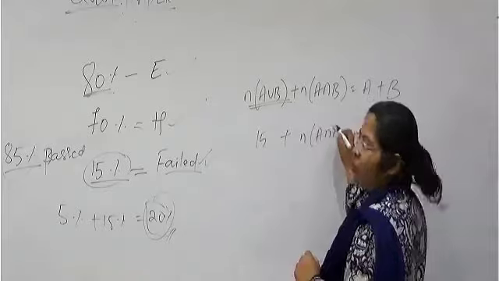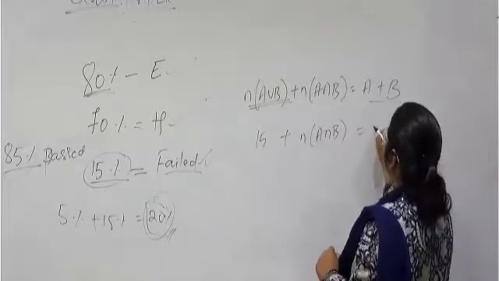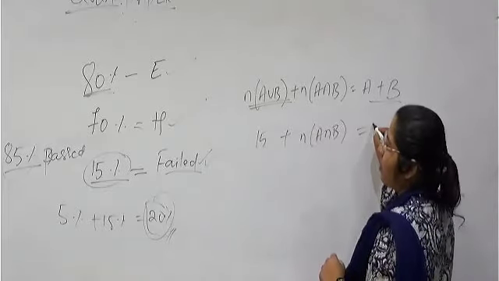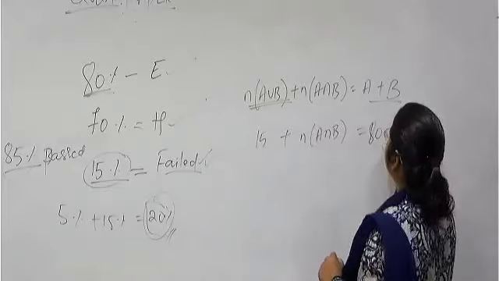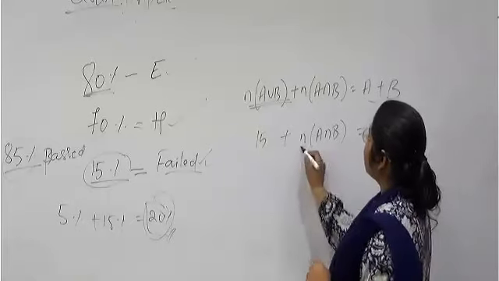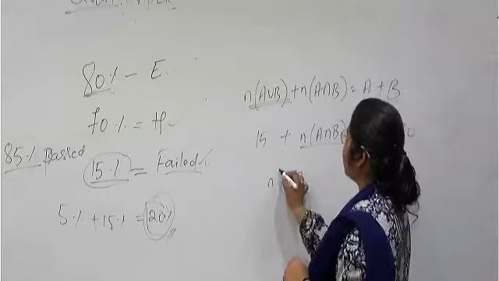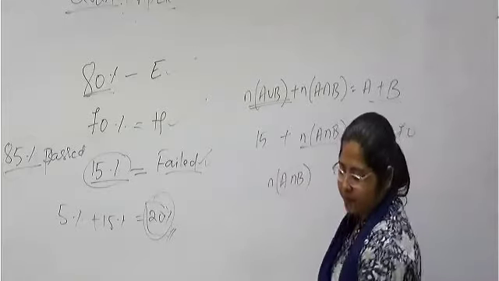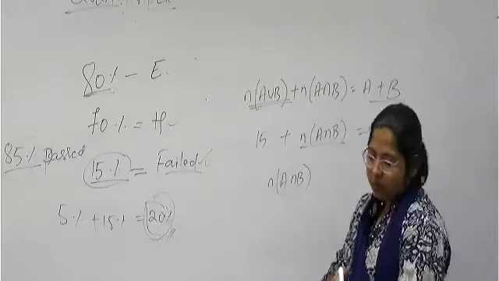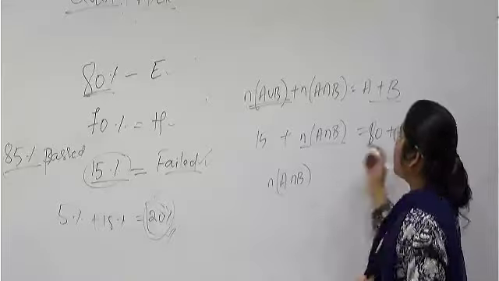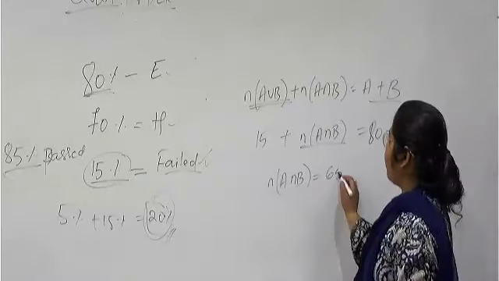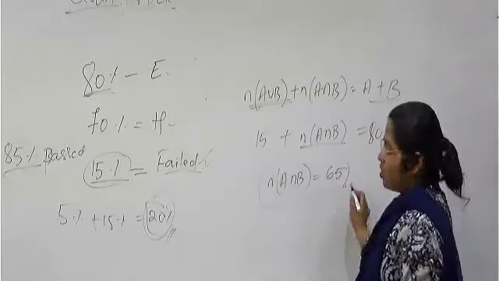Passed in both the subject you don't know. And this is A plus B. What is that? 80 plus 70. So A intersection B, you will get it as how much? 80 plus 70 minus 15, 65. Yes or no?